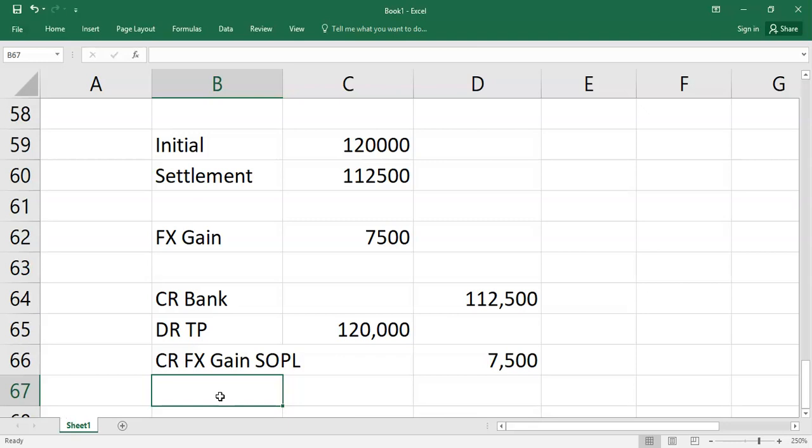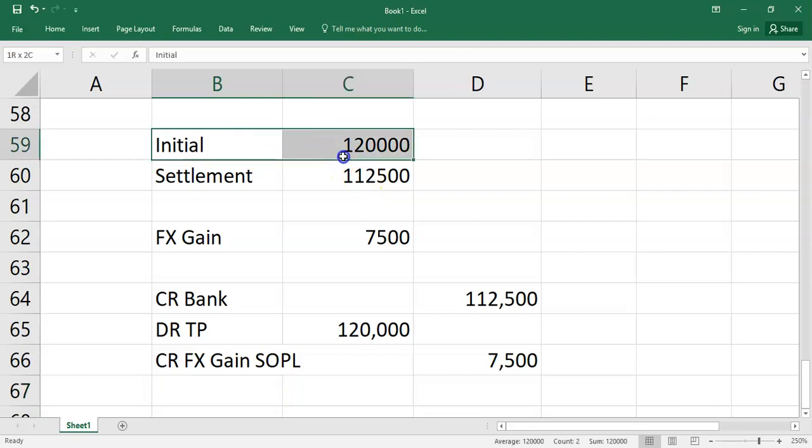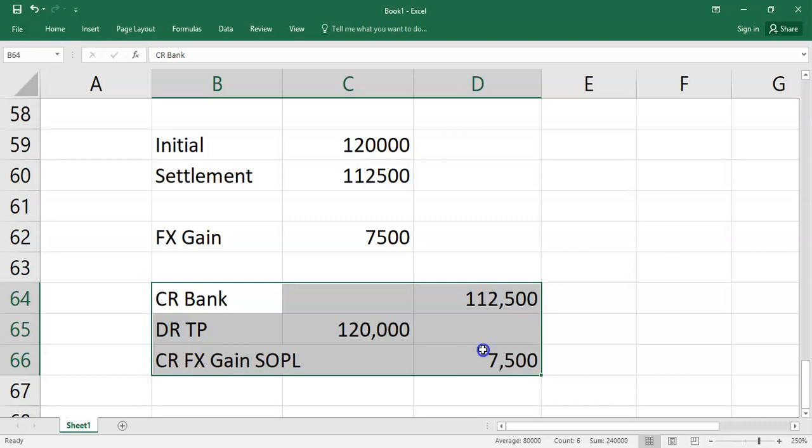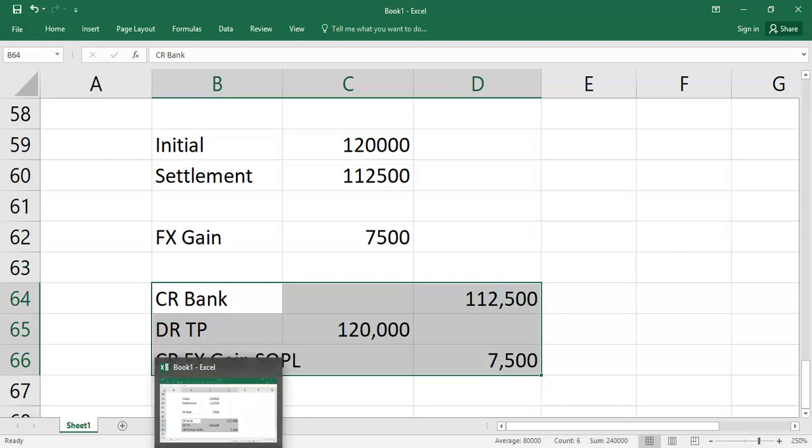And there are your entries, and nothing more than that in terms of the adjustments. So you record it initially at the spot rate, record the gain or loss on settlement, and be able to provide the journals. Now note, this can come up in any question because it's to do with an individual company. It doesn't have to be a foreign sub to have this here. So you'll see this pop up in a lot of exam questions, even in any type of consolidation question.